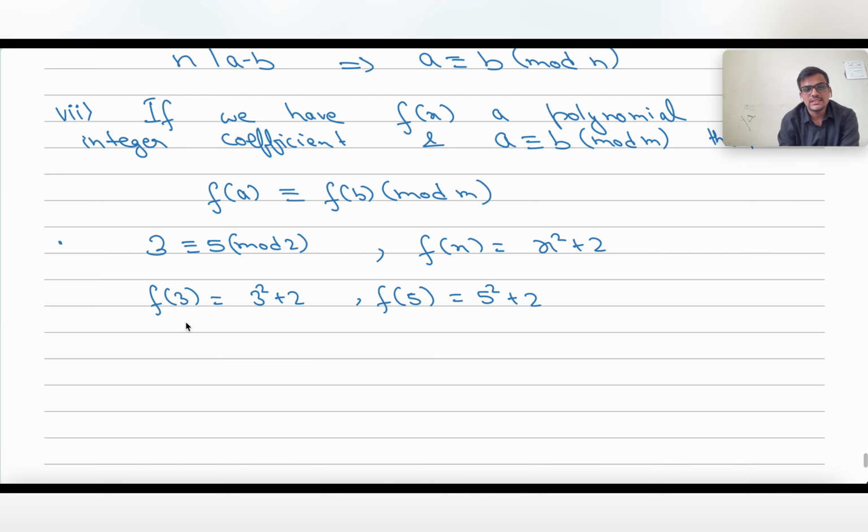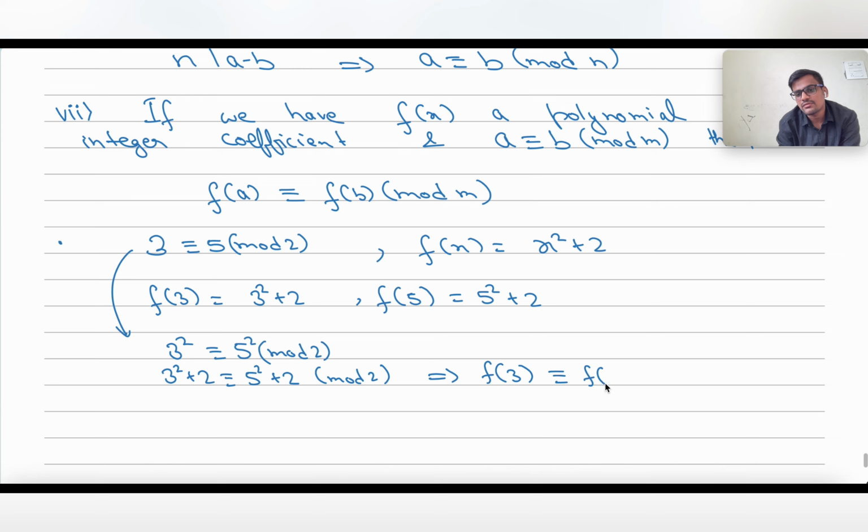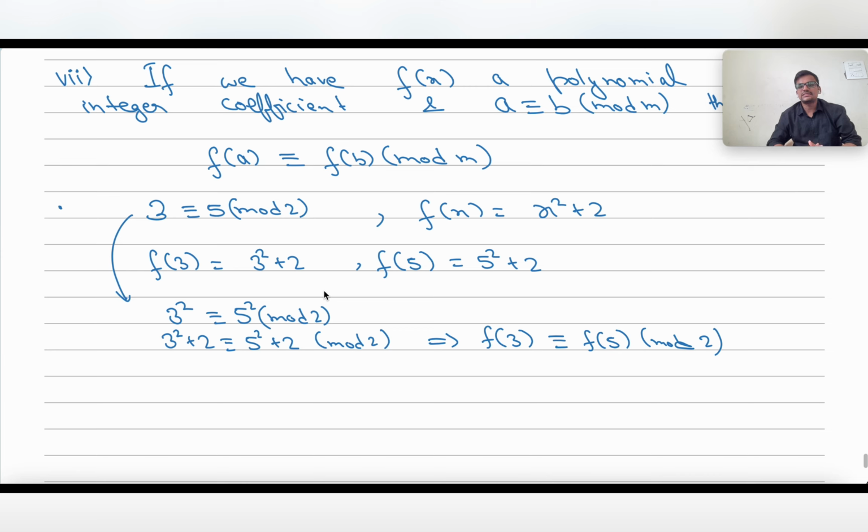Now see, 3 is congruent to 5 modulo 2, so this implies 3 square is congruent to 5 square modulo 2, right? And if I add 2 on both sides, they still maintain the congruence modulo 2. This implies f of 3 is congruent to f of 5 modulo 2, right? So this is the meaning of this seventh property.